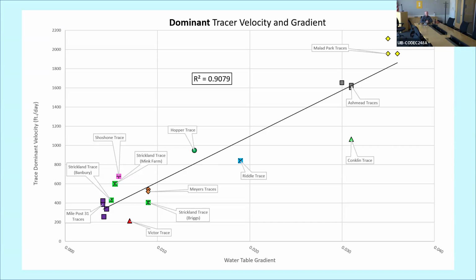You can see the breakthrough curves are very similar. Essentially, the gradient is pretty much the same, even though there might be a rise or lowering in the water table from one year to the next, but the gradient typically stays the same. So I haven't observed anything significant in that particular factor.